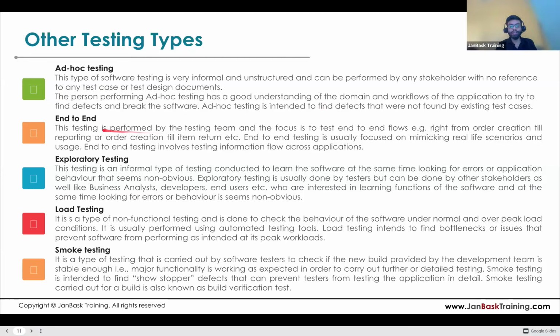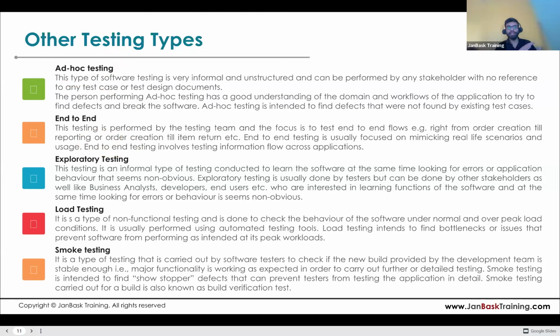Now what is end to end testing? End to end testing is basically testing the product from the start to the end. In ad hoc testing, maybe you are just testing a particular feature of the software, and you are not checking the test cases. But in end to end testing, you are testing all the features present in the application, right from the beginning to the end.